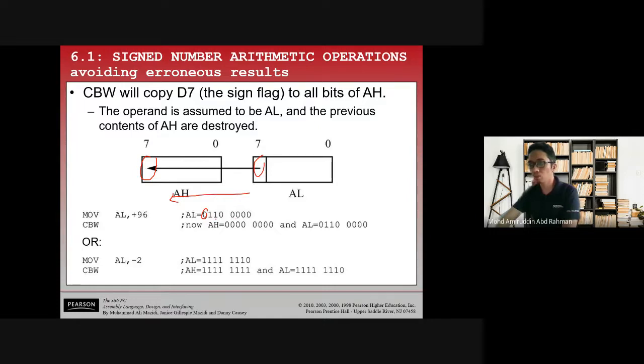So this is equal to 96, which is 2 to the 6, that is 64, plus 2 to the 5, that is 32. So you get 96. When you type CBW, this 0 is brought to the AH.